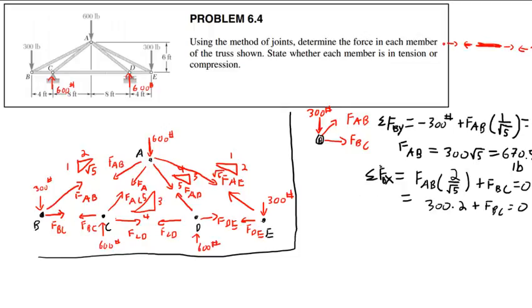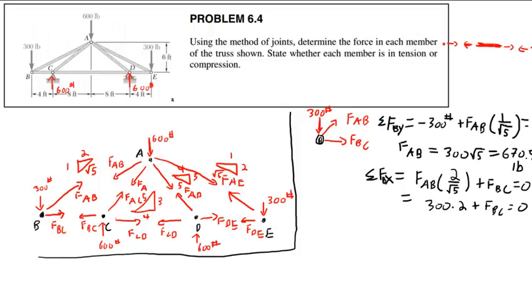Wait a minute, something's FAB here. I guess, yeah. That'll work. I guess what's bothering me is that just looking at this, I'm getting that this member here is in tension and this one here is in compression, which in general is exactly the opposite of what you'd expect.